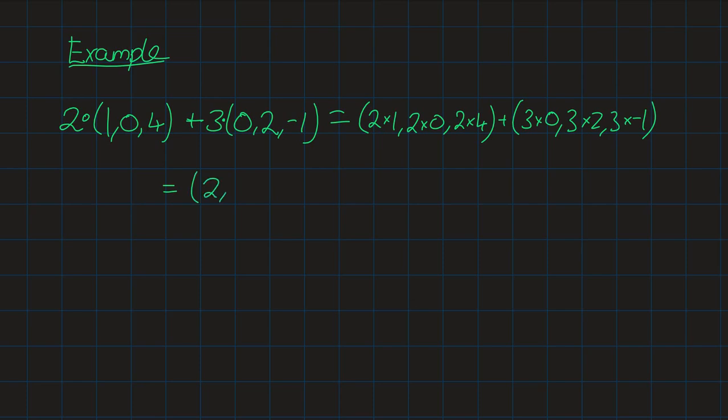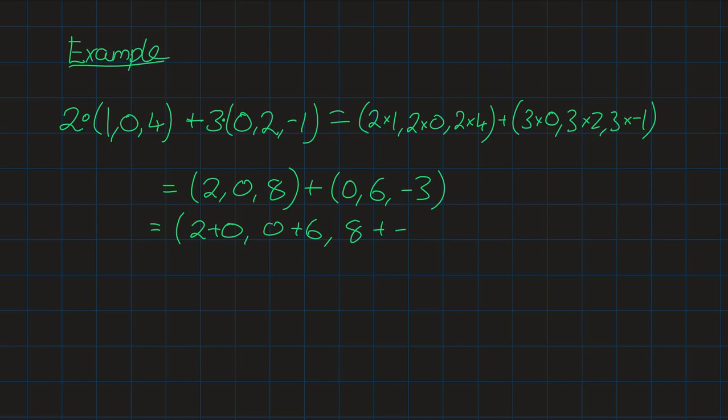Which is equal to (2, 0, 8) plus (0, 6, minus 3), which is 2 plus 0, 0 plus 6, 8 plus minus 3, which is (2, 6, 5). And that's the answer. So it's honestly not significantly harder than in 2 dimensions. You just have one more coordinate to keep track of, but the principles and the techniques are exactly the same. This is how you do this sort of linear combination of vectors in 3 dimensions.